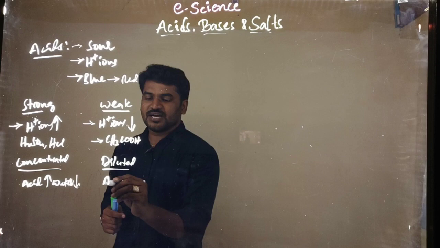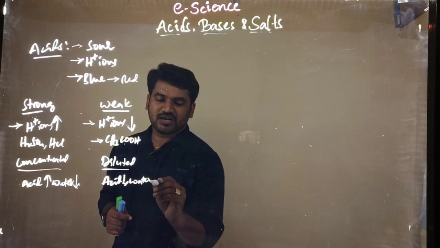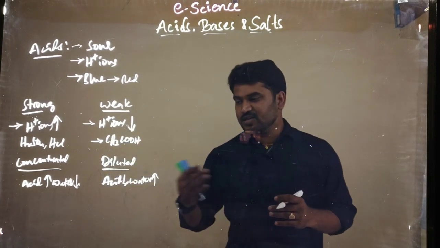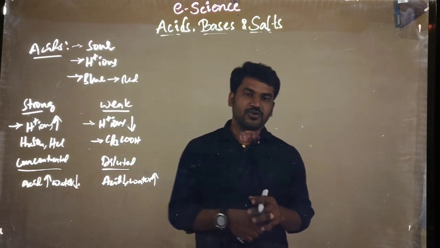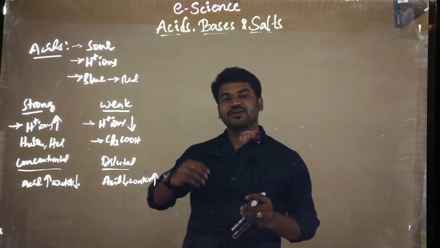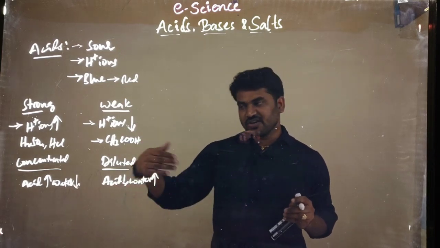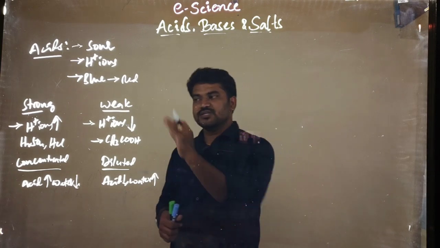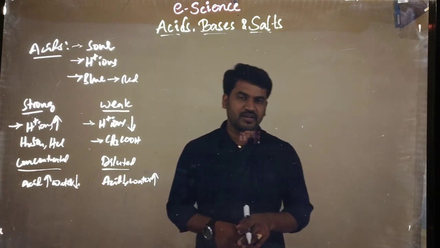If the acid content is less, meaning the water content is more, that is a diluted acid. We can make strong and weak acids concentrated or diluted, but we cannot make concentrated acids strong or weak.